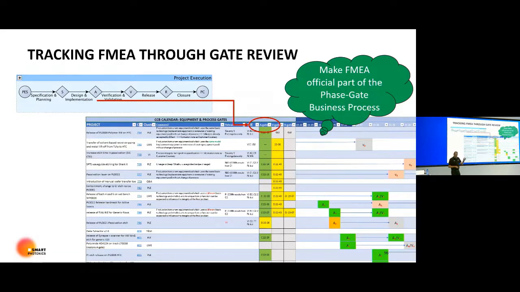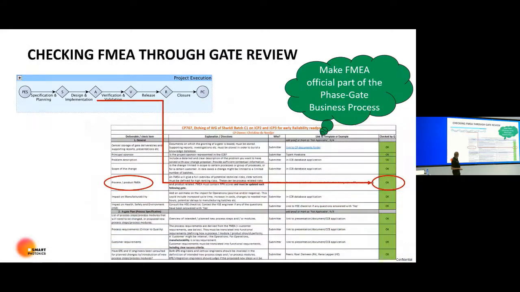So it's trackable, traceable, documented in a database. Then before we go to the A gate, the FMEA is peer reviewed and has to be signed off by the lead engineers and the senior engineers in that field. Otherwise it doesn't get approved.